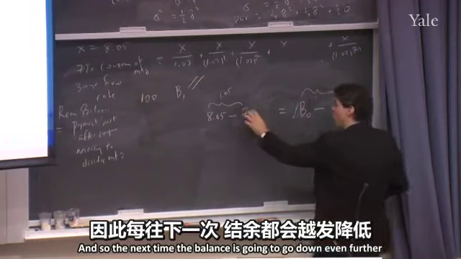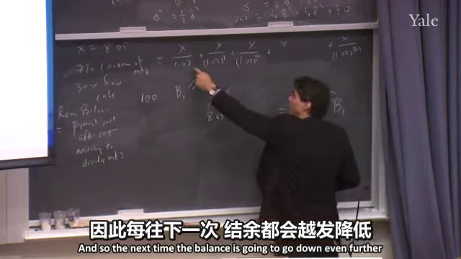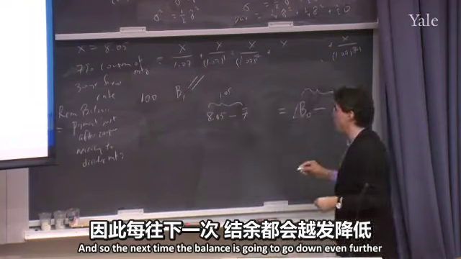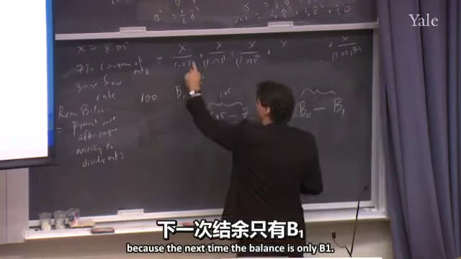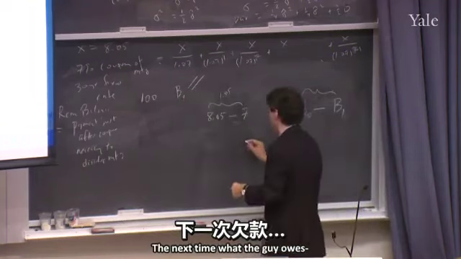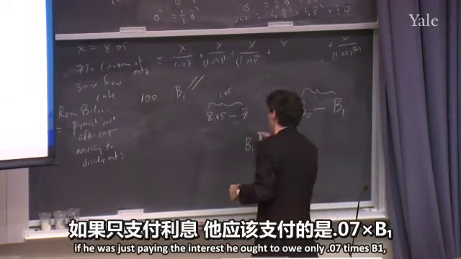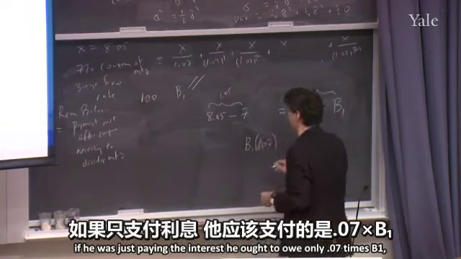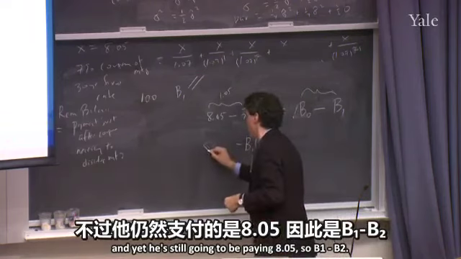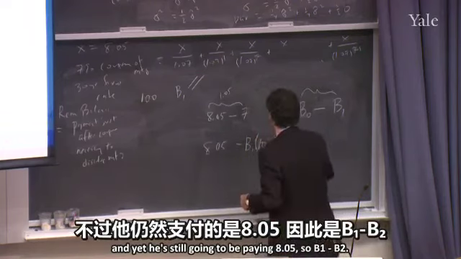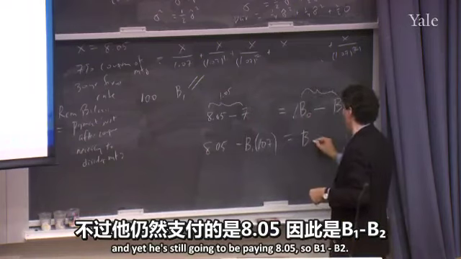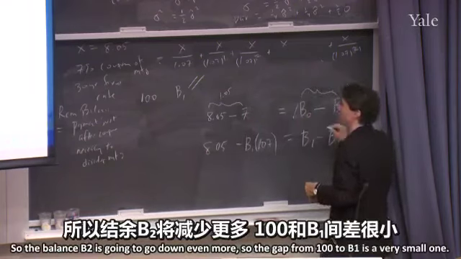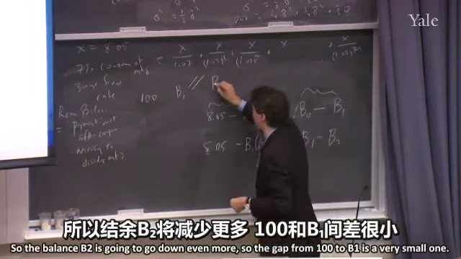So the next time, the balance is going to go down even further, because the balance is only B1. If he was just paying the interest, he ought to owe only 0.07 times B1, and yet he's still paying 8.05. So B1 minus B2, the balance B2 is going to go down even more.